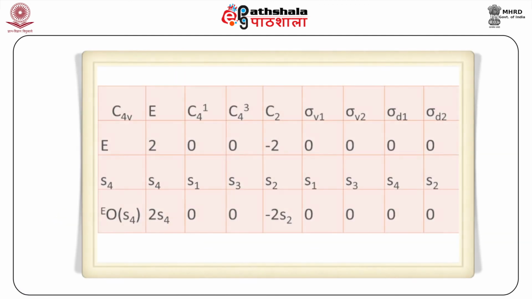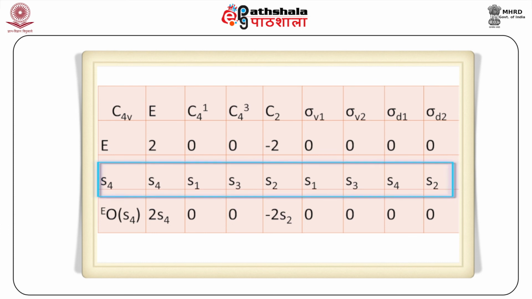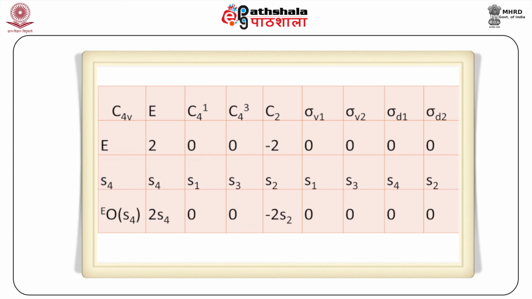Finally, if you make use of E operating on S4, again we look up the table and see how S4 transforms. S4 goes S4, S1, S3, S2, S1, S3, S4, S2, like this, and similarly EOS4 transforms as given in the last row of this table.